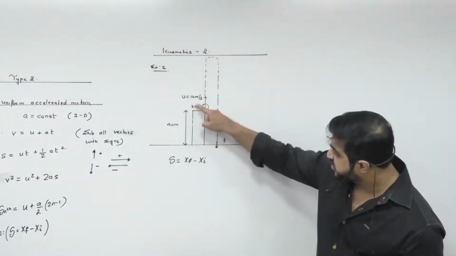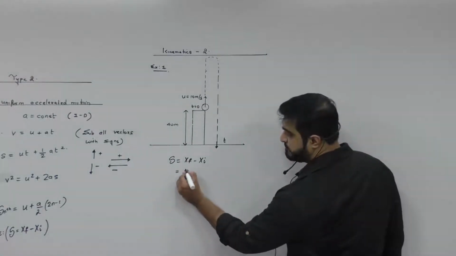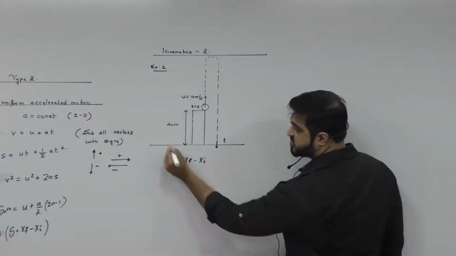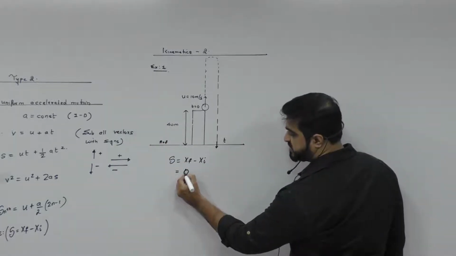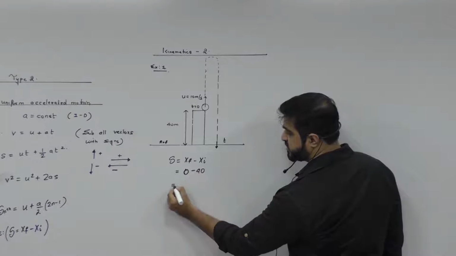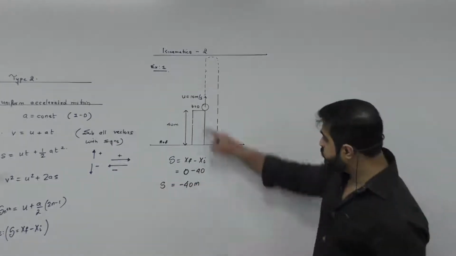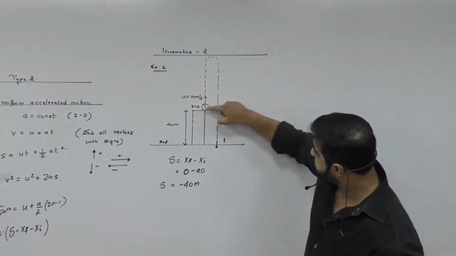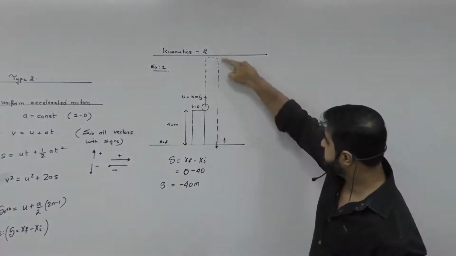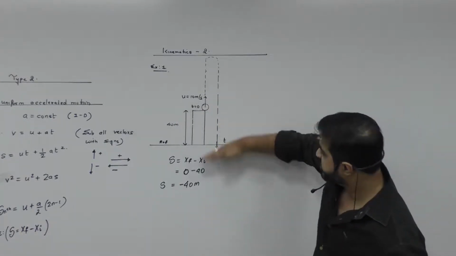How much is the initial coordinate? 40. So final coordinate is 0, because this is the reference line, minus initial coordinate 40. So the answer will become minus 40 meters. The displacement is downward, because this upward part and this downward part of the ball's displacement will cancel. Plus and minus will cancel. Only this part is left, which is minus 40 going down.